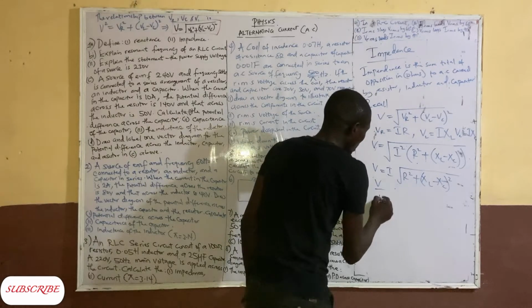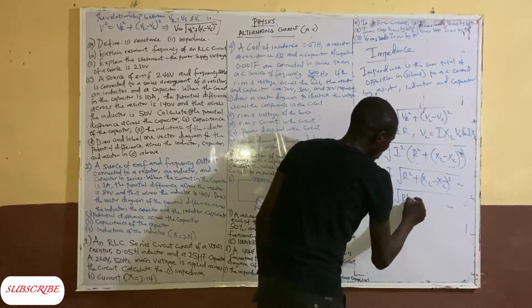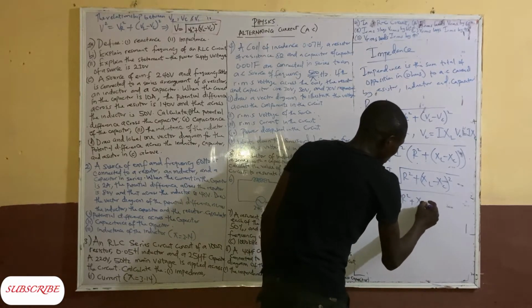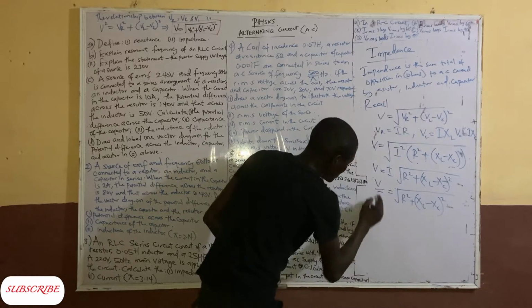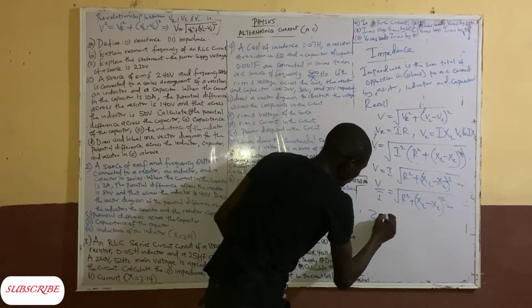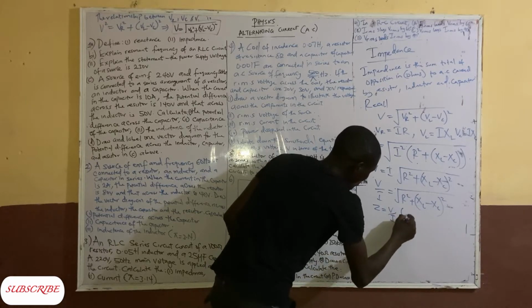So V over I will now be equal to the square root of R squared plus XL minus XC, all squared. Meaning that this impedance Z equals V over I, known as impedance.